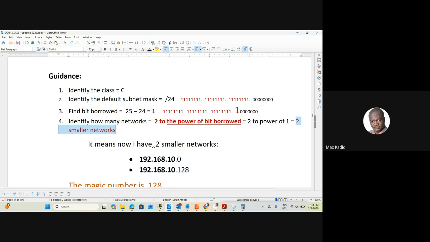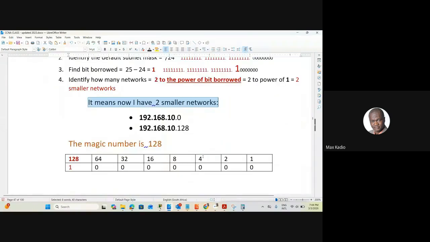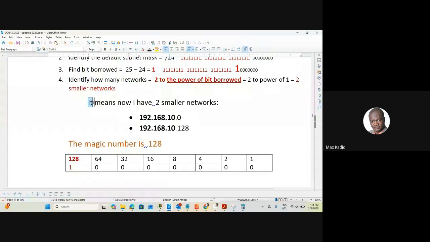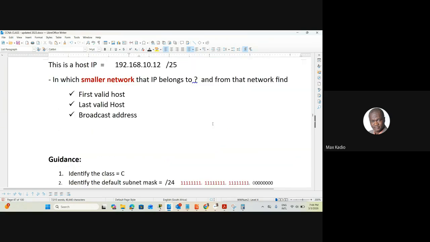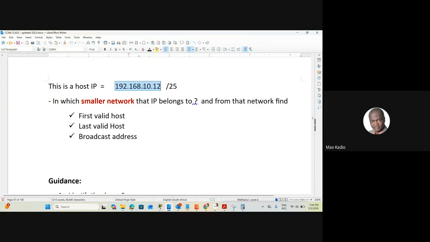You see, it means I have two smaller networks. Now you need to identify these two smaller networks. How to find them? You go to your question first. We take the first three blocks because it's a class C. The first three blocks will never change.